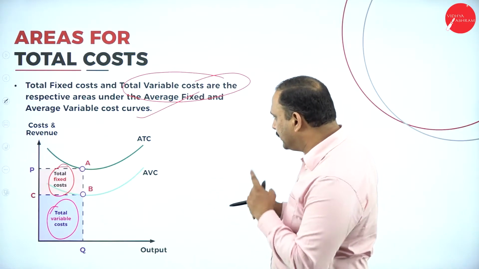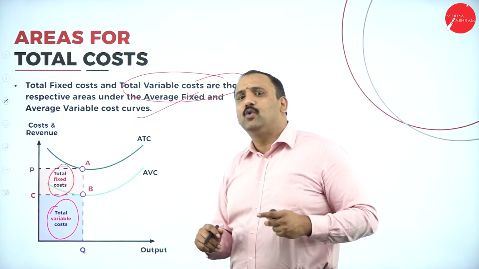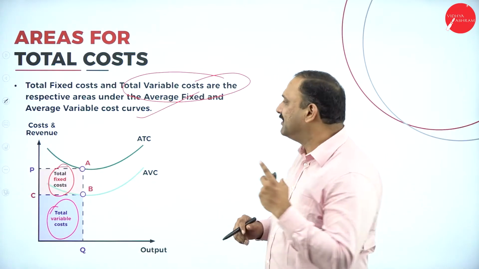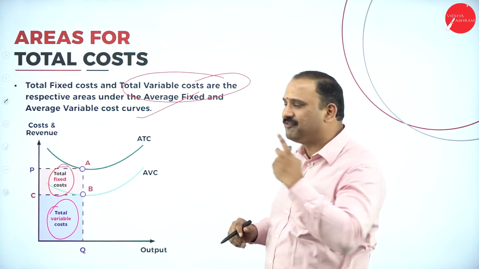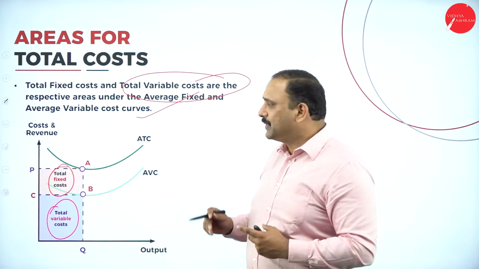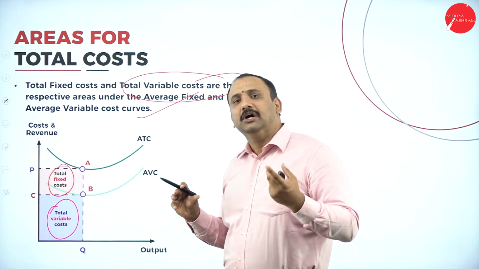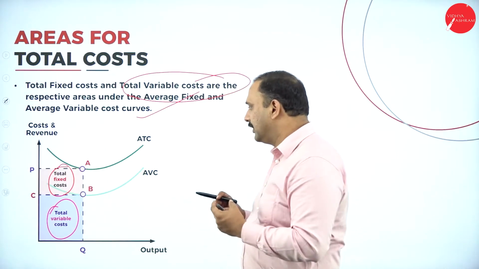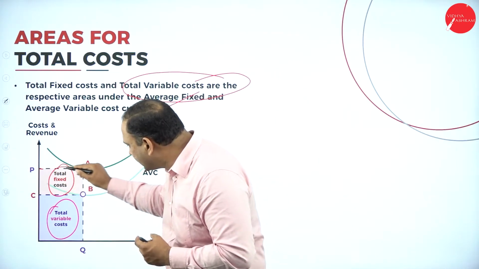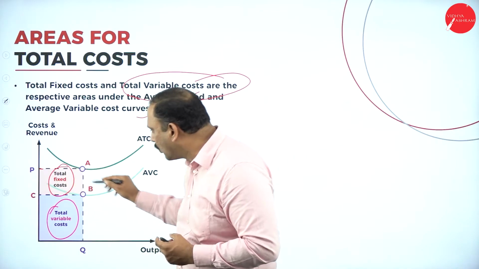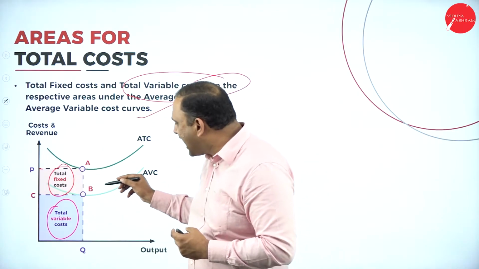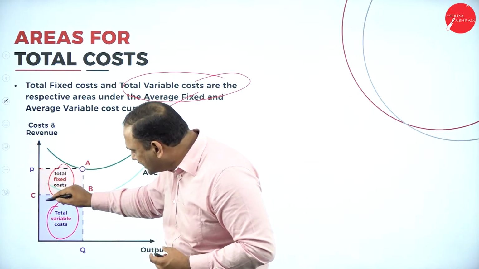So we are going to think in terms of an analysis, to understand how the mechanism works here. Now, if you see this dotted area, we are calling it the total fixed cost. So you will have the total fixed cost up to this level.